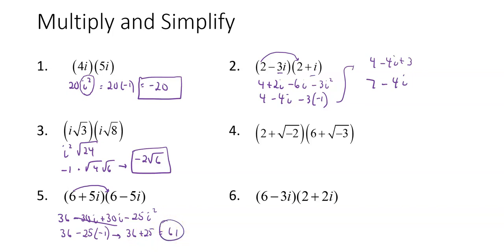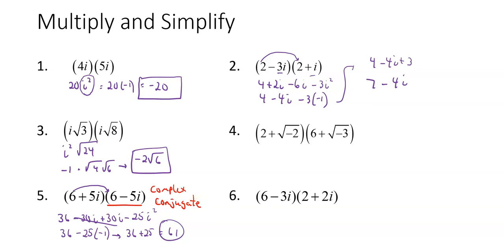61. We actually have a name for what we did in number 5. We called the second term, that 6 minus 5i, the complex conjugate. Remember we had conjugates just the last couple of weeks, when we were trying to get rid of radicals in the denominator.